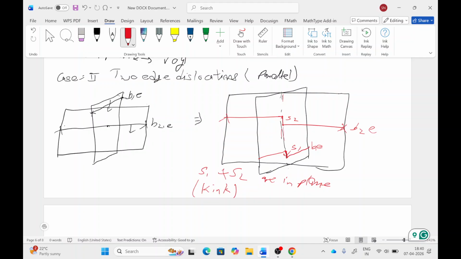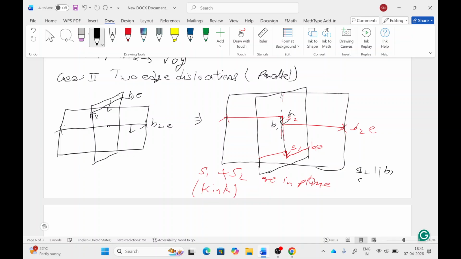And if we want to check the character, whether it is screw or edge, S2 is parallel to B1, and its Burgers vector is in this direction, B1 or B2.